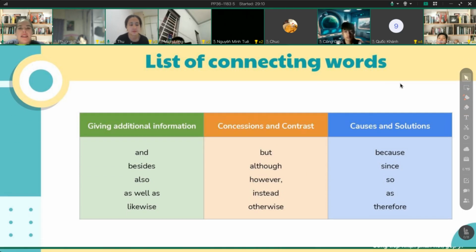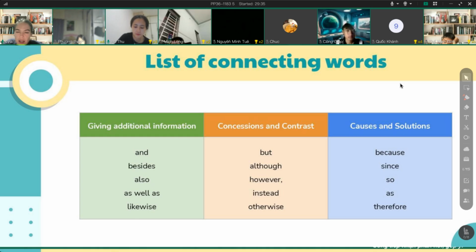Let's have a look at this list of connecting words, and they all have their own different purposes. The first column, giving additional information. These words help us to add more information to our sentences. Examples: and, besides, also, as well as, and likewise.